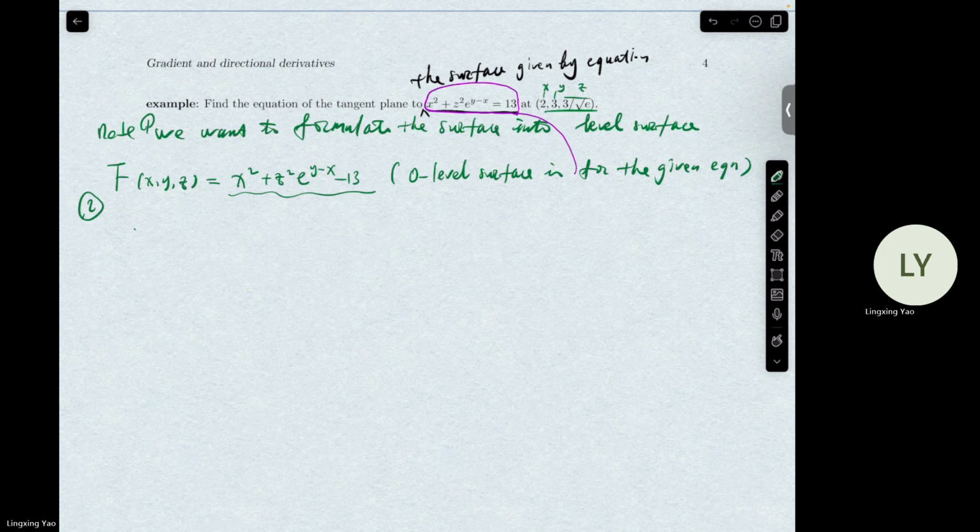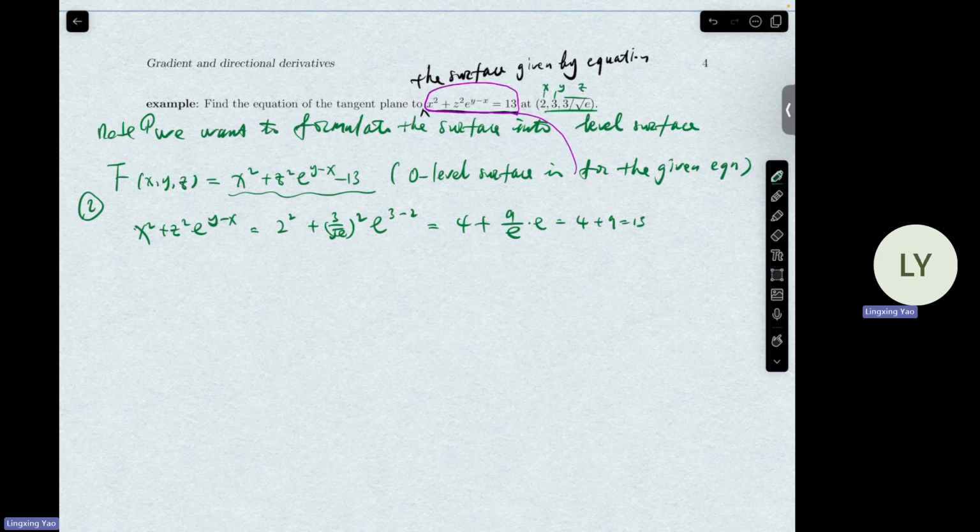Because x squared plus z squared times e to the y minus x is 2 squared plus z squared, which is 9 over e, times e to the y, which is 3, minus x, which is 2. It's 4 plus 9 over e times e. So this is 4 plus 9, which is 13.